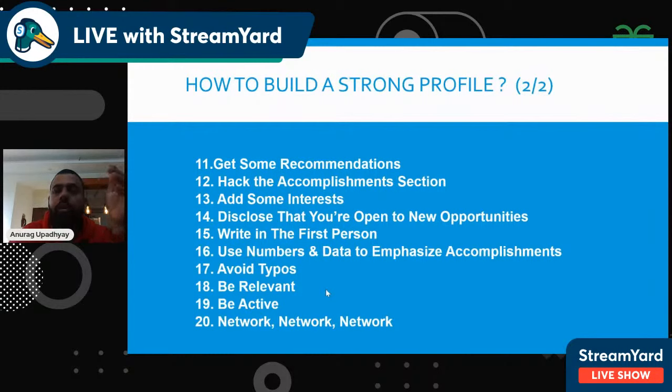For example, you want to become an SEO specialist. You go to that company, you go to the people section and see who are these people who are working in that profile. You check their profile, you endorse them, you like their content. Then ultimately that person will observe that you are trying to build a connection. I'll talk about how to build connection not in this lecture but in the next lecture.